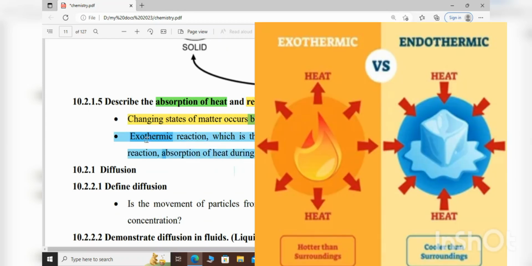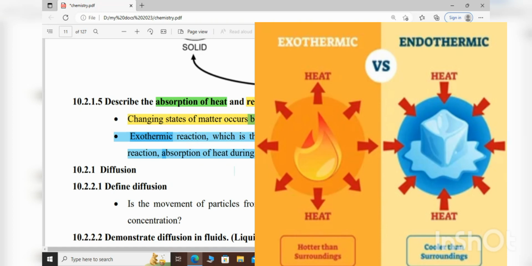Look at that. Exothermic reaction, this is the release of heat. Okay, when the state of matter is changing from one state to another, and it's giving out heat, that is exothermic. It's the releasing of it during the reaction. And an endothermic, meaning absorbing or bringing in the heat, or where the heat is needed.